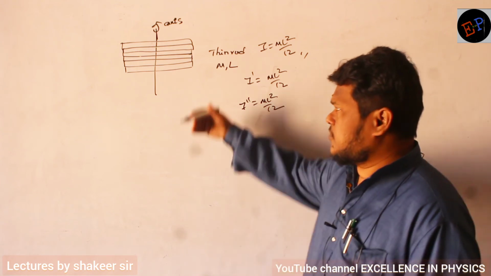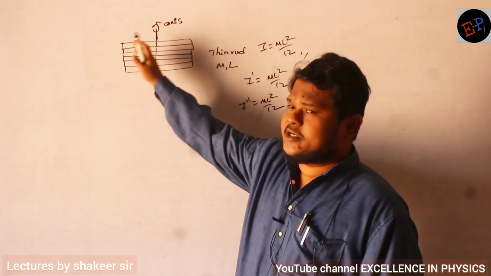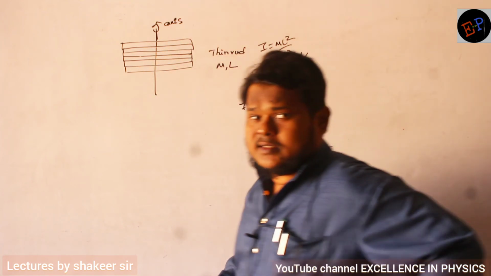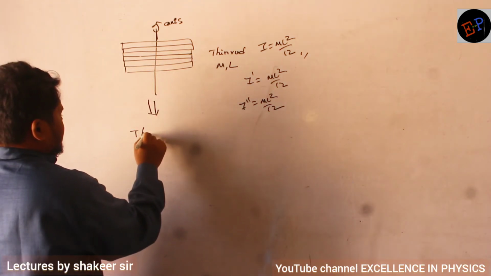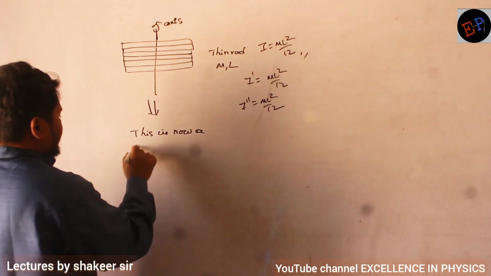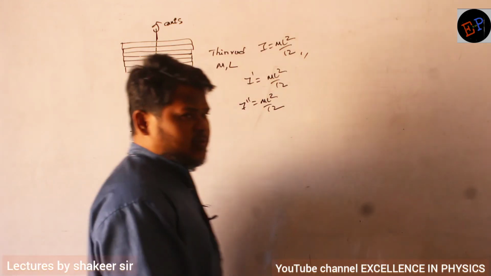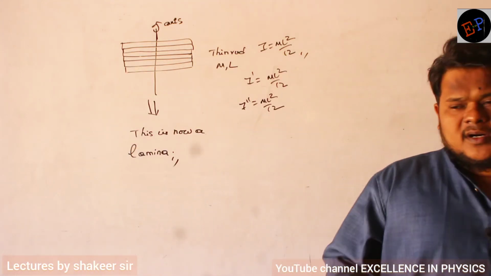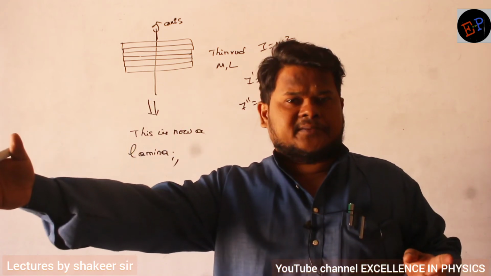So if you are placing some 20 rods like this, what is the shape of this body? This has now become a lamina. Are you able to understand? If all the rods you are placing one over the other, finally it will become a sheet.